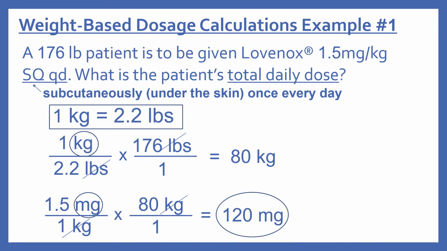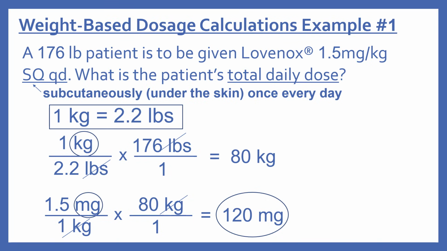So we're wanting the patient's total daily dose. So since it's once a day, we just figure out our milligram per kilogram dose, and that will be the amount given for the day. So 1 kilogram equals 2.2 pounds. So there's 1 kilogram per 2.2 pounds times 176 pounds over 1. Our pounds cancel, one's on the top, one's on the bottom.